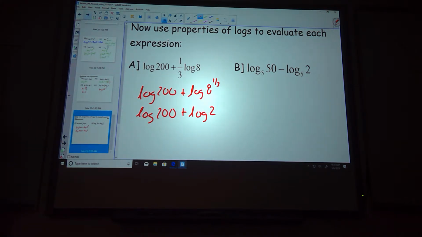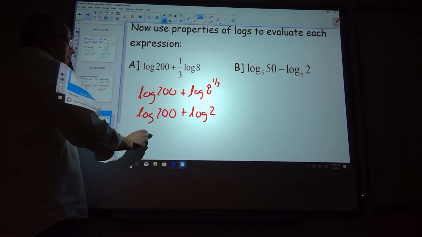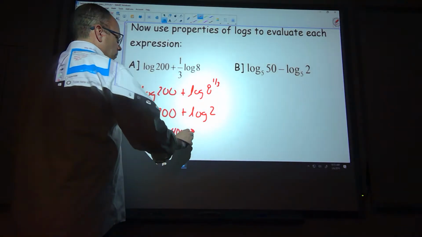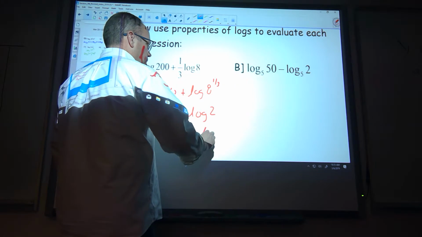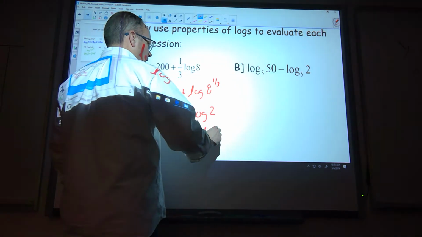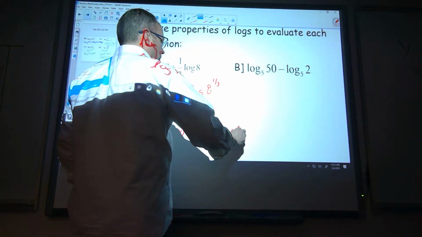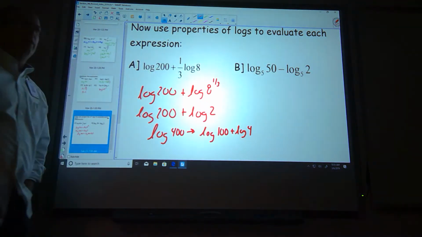Put them back together so I get log of 2 times 200, which is 400. You can then probably say, well, I know that 400 is the same thing as 100 times 4, so log 100 plus log 4. You agree with that?